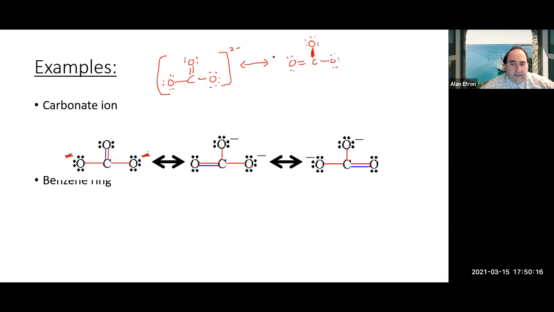And then obviously, like we see on the bottom there, we could have done it the other way as well and double bonded up over here. So a resonance structure is just when you can draw more than one structure, because essentially one structure doesn't really adequately describe what's going on.